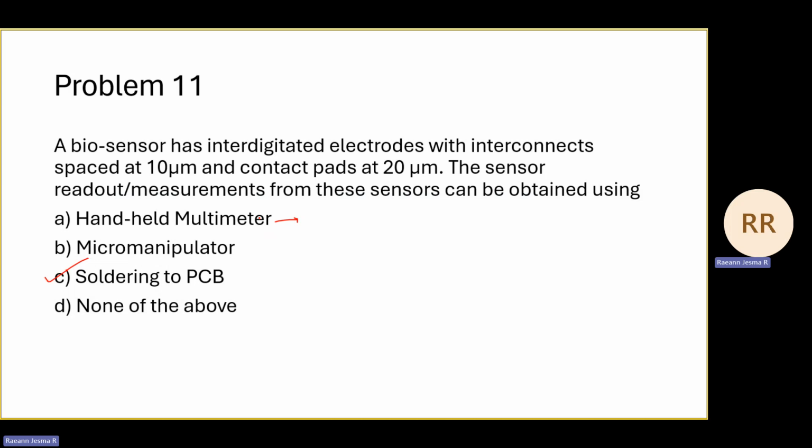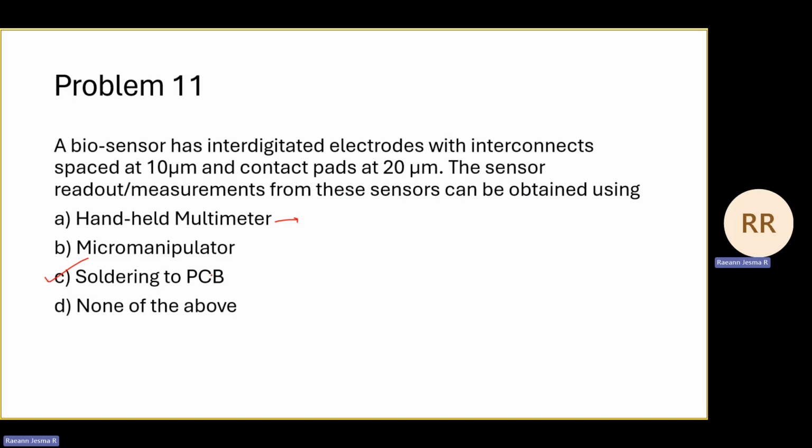However, unless this micromanipulator is connected to something like a probe, if it is connected to a probe, we can use it to probe the sample. Then again, this probe should be connected to some electrical equipment from which we can get the readout. Then only we can use a micromanipulator. Okay, since here it is just mentioned as micromanipulator, we cannot use it.